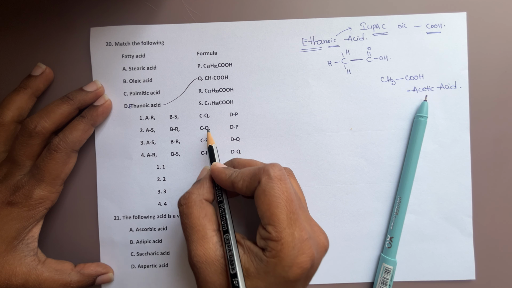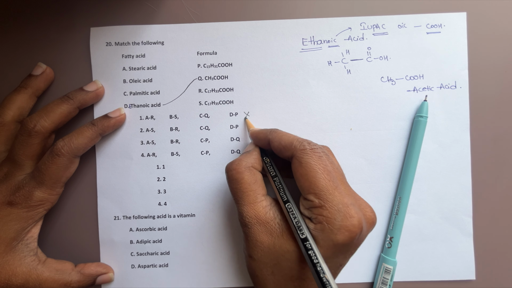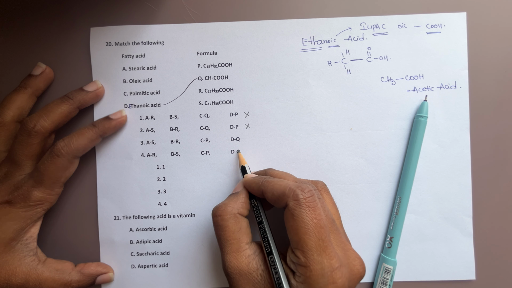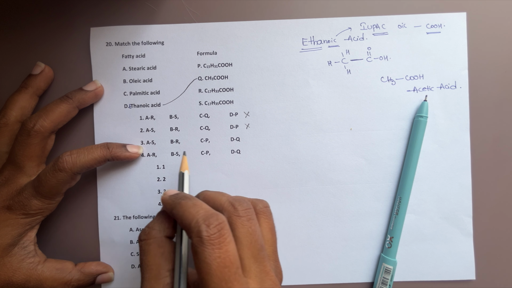So D is Q. These two options are not correct. Remaining two options we have to see. They are saying C is P. C is palmitic acid.